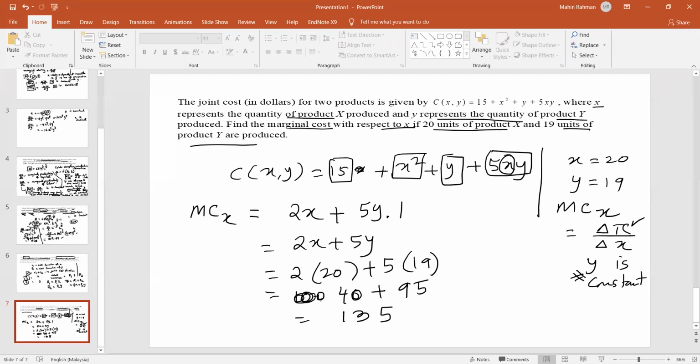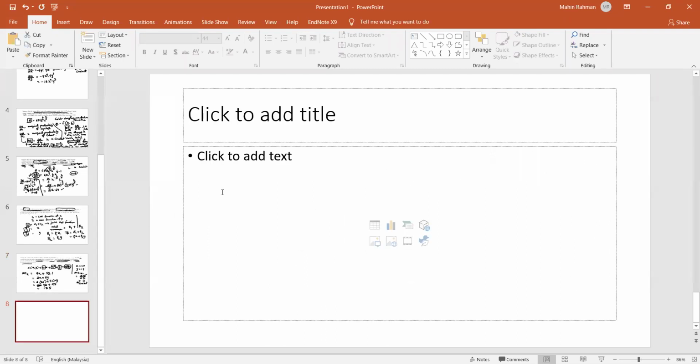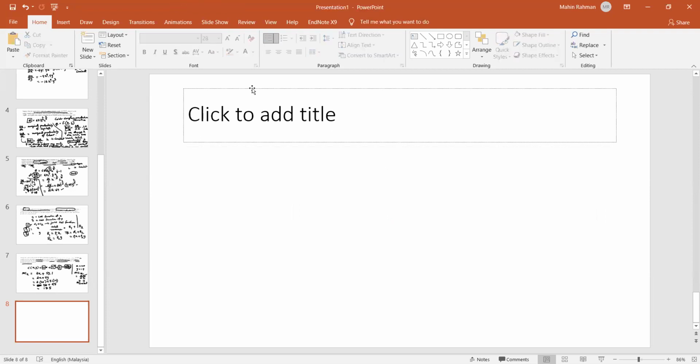So how to interpret the result? Suppose you get marginal cost with respect to X is 195. How do you interpret your result? Because sometimes I will ask you to interpret.